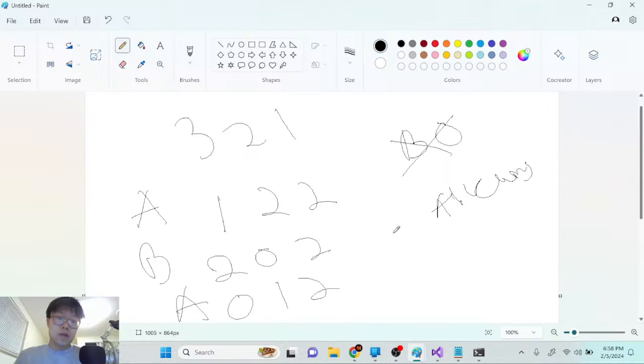Find the smallest term, right? 2, 1, 0, 1. No, that's not right. I want to get to 0, 1, 2. So how do I do that? That's what I'm trying to figure out.